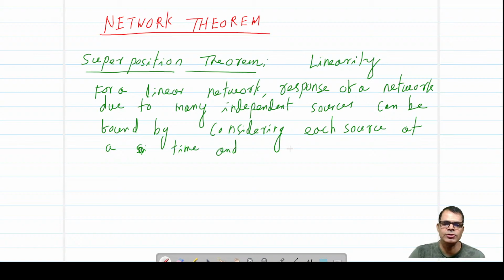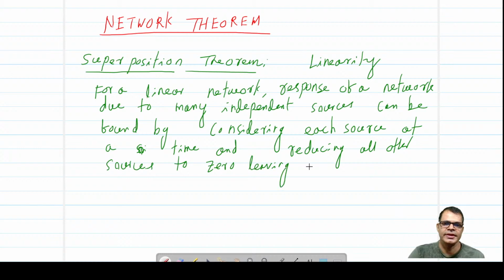and reducing all other sources to zero, leaving their internal impedances.